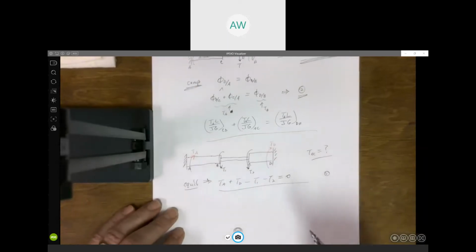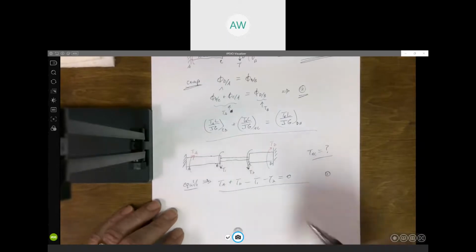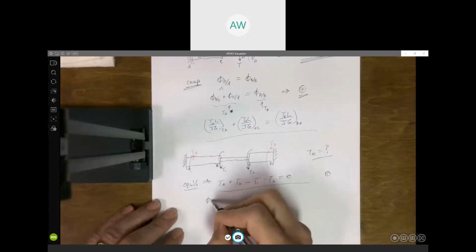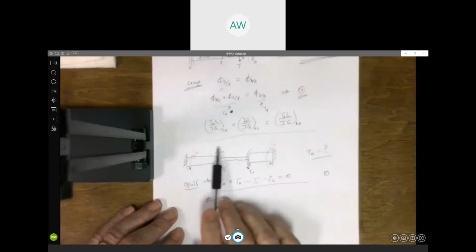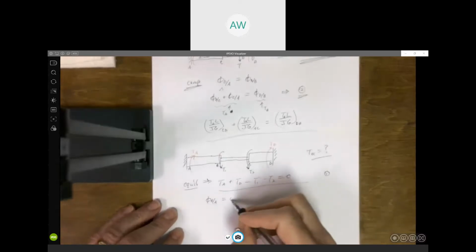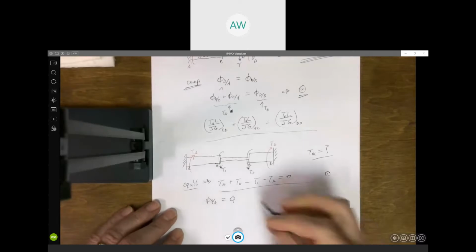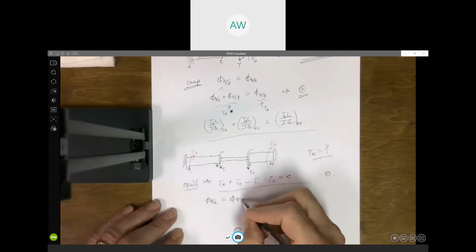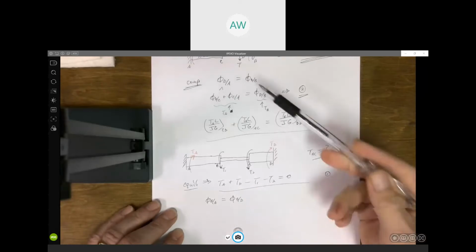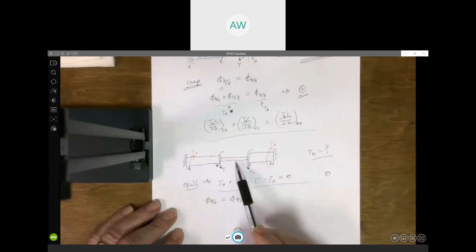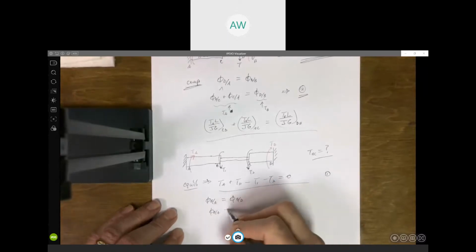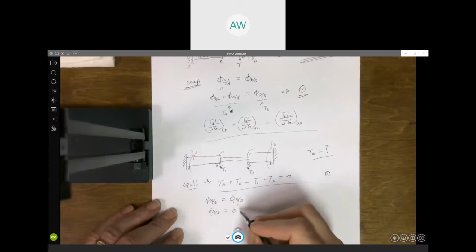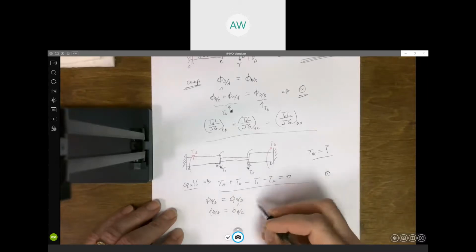If we look here at B, I know the angle of twist of B with respect to A has got to be equal to the angle of twist of B with respect to this end. And just like we did up here, to go from B to D, we're going to have to break it up into two sections. Here we're going to have the angle of twist of B with respect to C and C with respect to D.